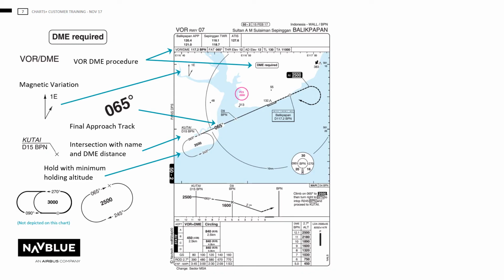The holding patterns with the minimum holding altitude. In this example, NavBlue is showing a standard 1-minute hold. All prohibited, restricted and danger areas are to be shown on all IAC charts.